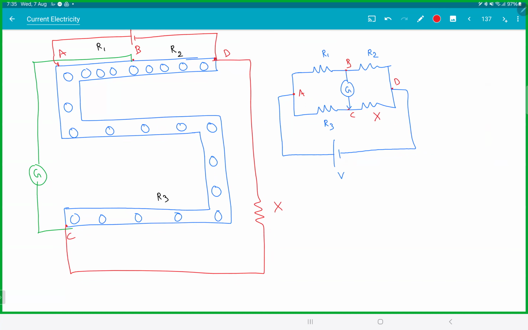So this shape becomes a circuit like this. So R1 by R3 is R2 by Rx. So instead of a potentiometer wire or a rheostat, this is the thing which we used to use before. It is easy to just push the plugs. So by adjusting R1, R2, R3, we can balance the bridge.